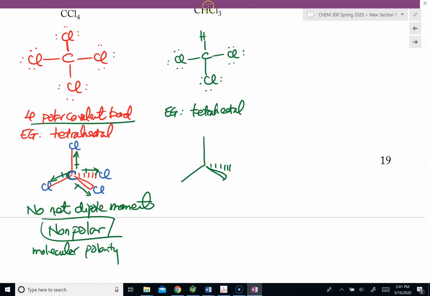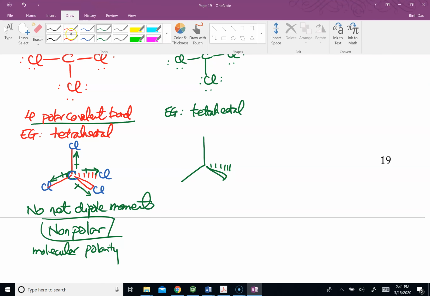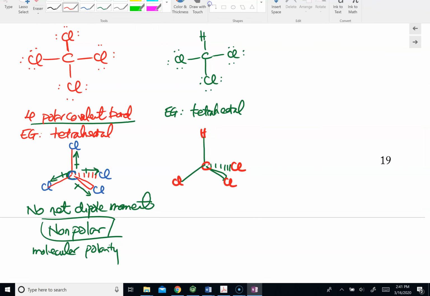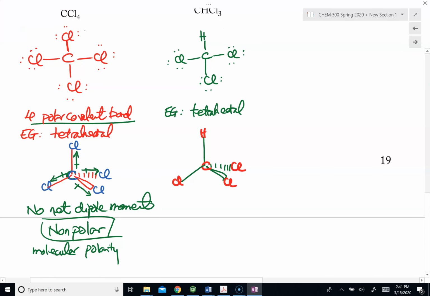And now we'll put in the central and the terminal atoms. In this case, the central atom is a carbon, and now we have 3 chlorines and a hydrogen. How many polar covalent bonds does this molecule have? Here we will see that the carbon-chlorine bond is polar covalent, and there are 3 of those, versus a C-H bond, which is nonpolar.